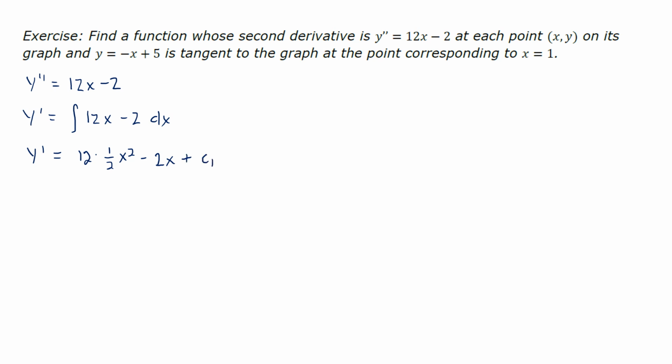All right, since we're going to have to integrate twice, we'll just use the subscript for our different constants. Constants, not consonants. This is an English class. All right, so to simplify this, we get y prime equals 6x squared minus 2x plus c subscript 1.